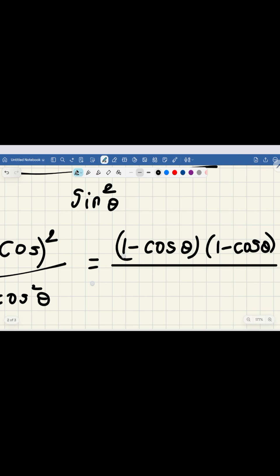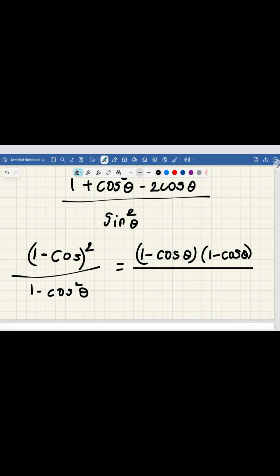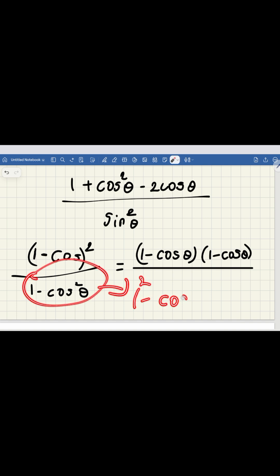Now 1 minus cos square theta can also be written as 1 square minus cos square theta, because 1 square is 1. It doesn't matter if there is 1 square, 1 cube, or 1 to the power 4. That means a square minus b square is equal to a plus b and a minus b.